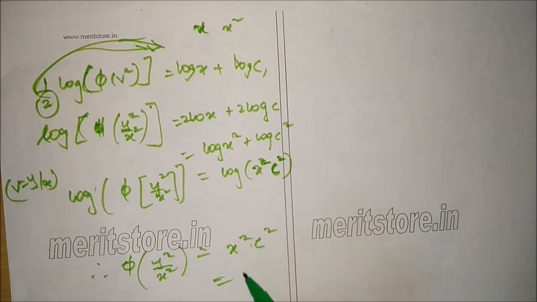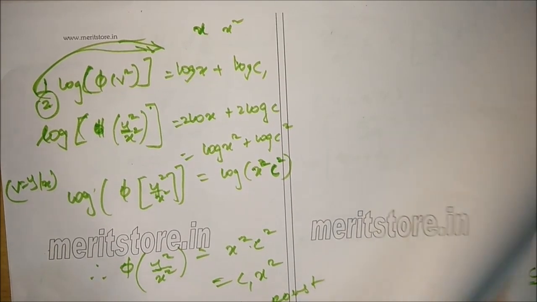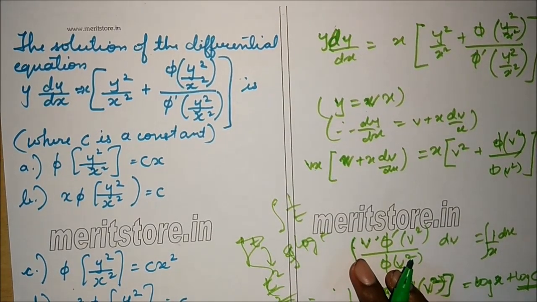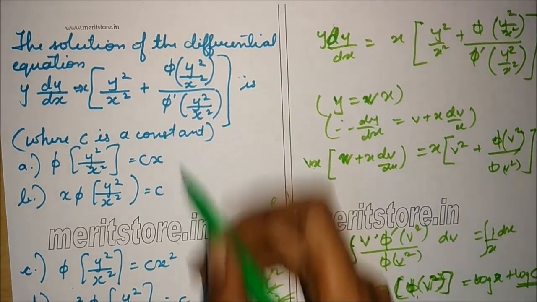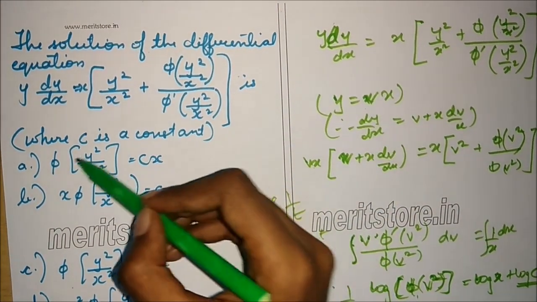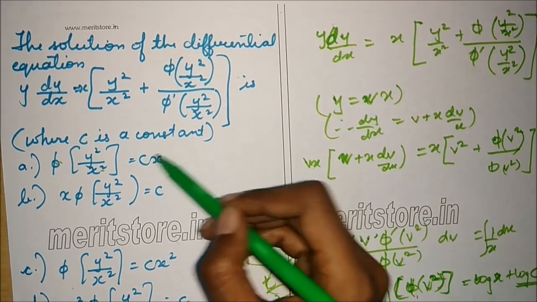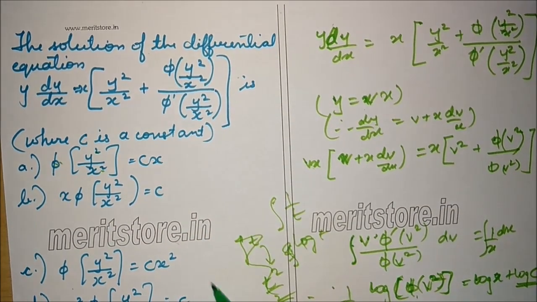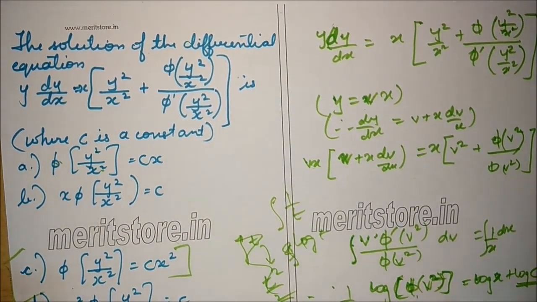This can be written as c1 into x square, where c1 is equal to c square, which is also a constant. So from the options we just proved that phi of y square by x square is equal to cx square. So the answer is C. Phi of y square by x square is equal to cx square.